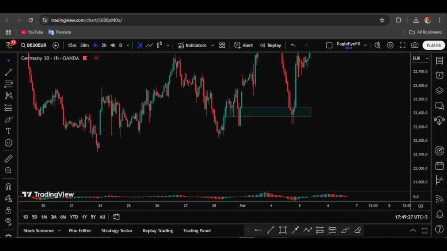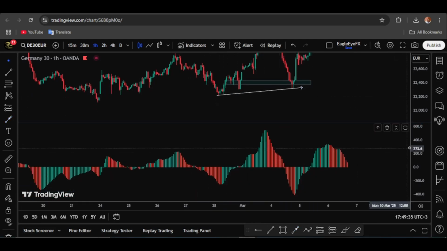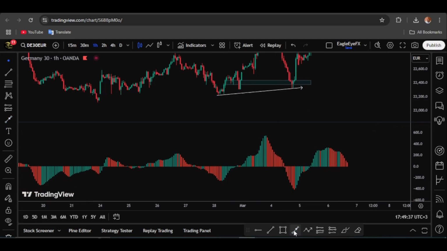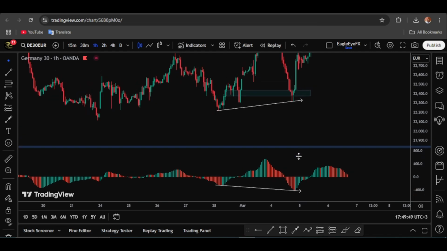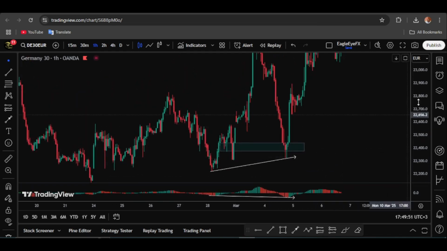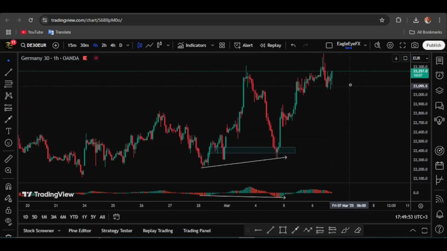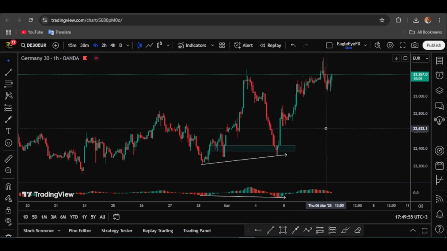So if I go back, you can see that as the market was giving us the higher highs, what was happening to our indicator, our awesome oscillator? Our awesome oscillator was giving us lower lows. So you can see that that's a clear hidden bullish divergence, and what it does is that it signifies to us that the market is going to continue in its current position.